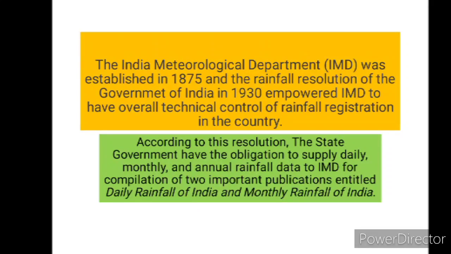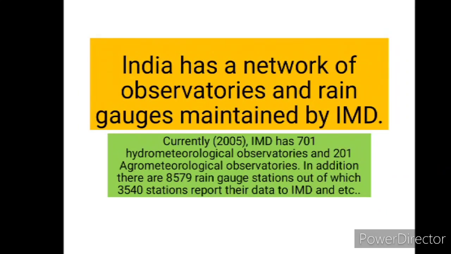According to this resolution, the state governments have the obligation to supply daily, monthly, and annual rainfall data to IMD for compilation of two important publications entitled Daily Rainfall of India and Monthly Rainfall of India. India has a network of observatories and rain gauges maintained by IMD.